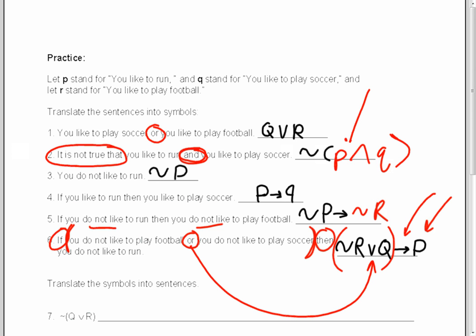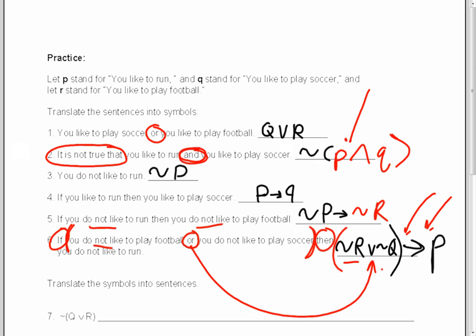You do not like to play football. That's negation symbol R. And then you do not like to play soccer. So I should also have right here. Should that also be a tilde? Right there. With Q. And then our arrow. And then P.